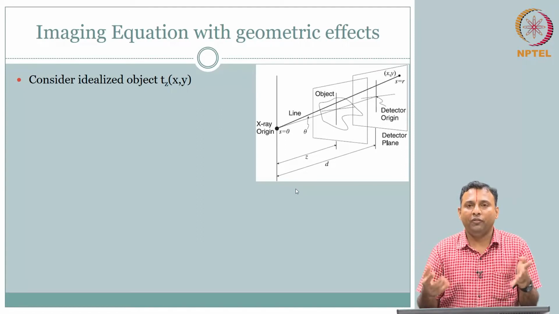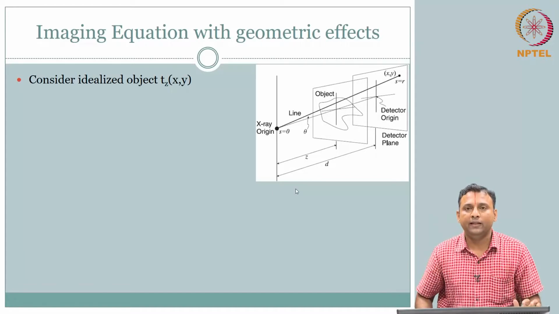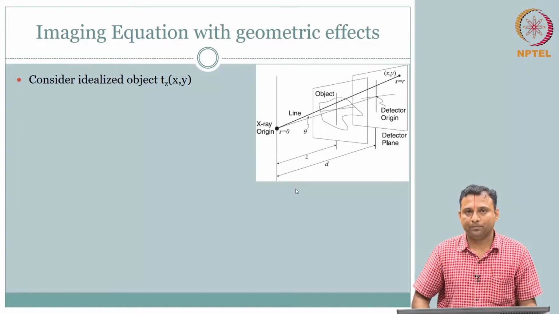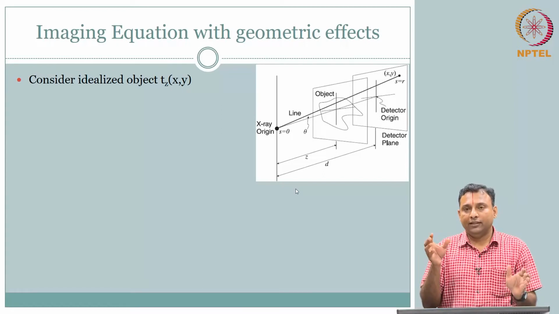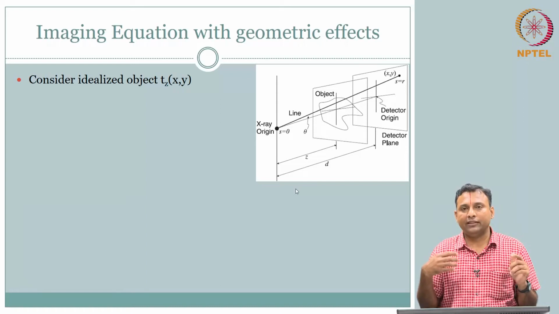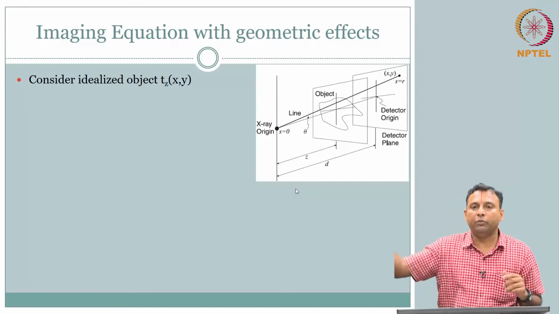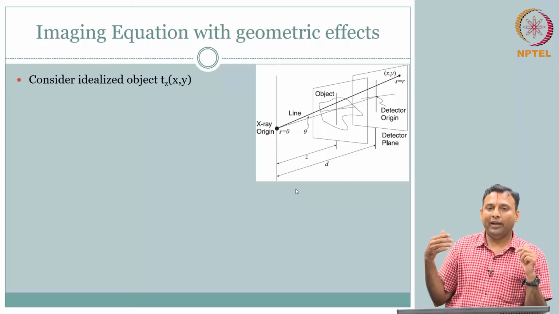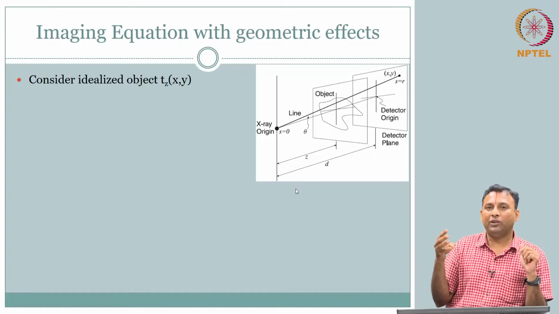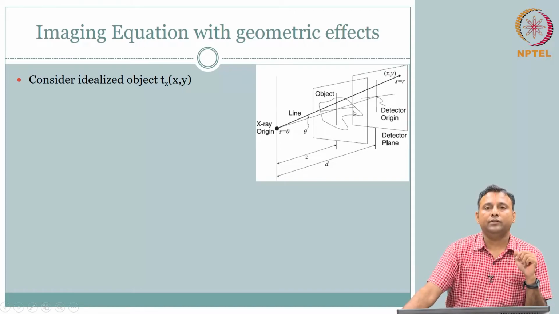Let us generalize it. What do we want? We want an object which has a different distribution of mu, with mu changing in x, y, z. What we are interested in is that the change in mu and the change in thickness both contribute to the attenuation of whatever is coming out. So how do I make my life simple? Instead of talking about 3 dimensions, we can conveniently collapse the object to 2 dimensions.